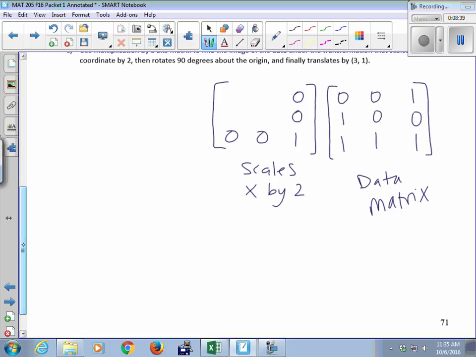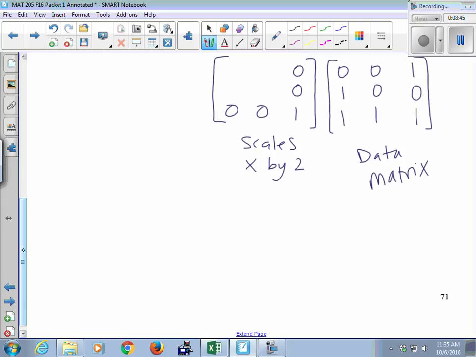And remember, standard matrices you find by figuring out where the columns of the identity go. Okay, so let's figure out how to do that. So I need to know what happens to 1, 0 and what happens to 0, 1. If you're scaling the x-coordinate by 2, 1, 0 becomes 2, 0. And 0, 1 becomes, nope, 0, 1.